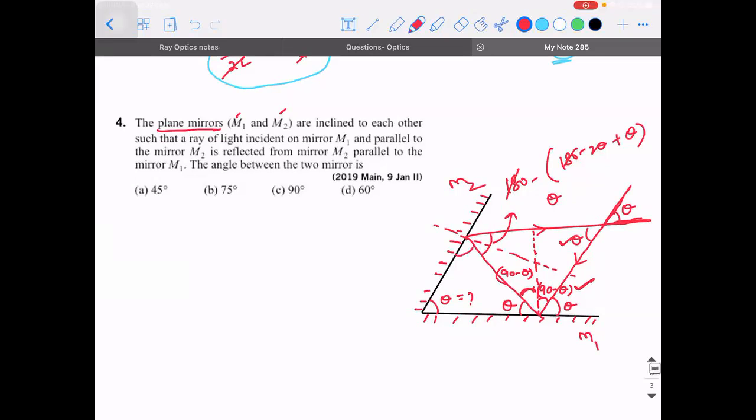I've taken all the possible angles, then this is also theta.